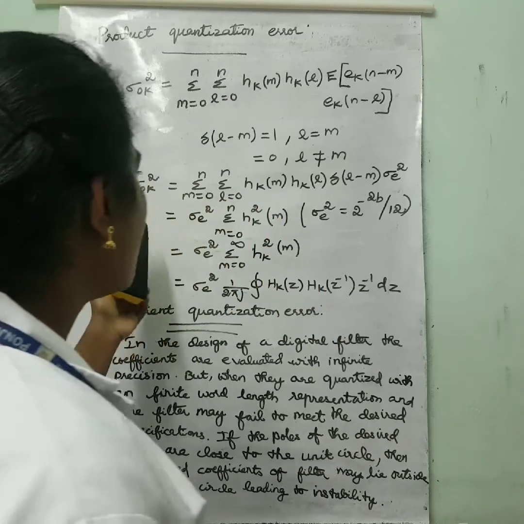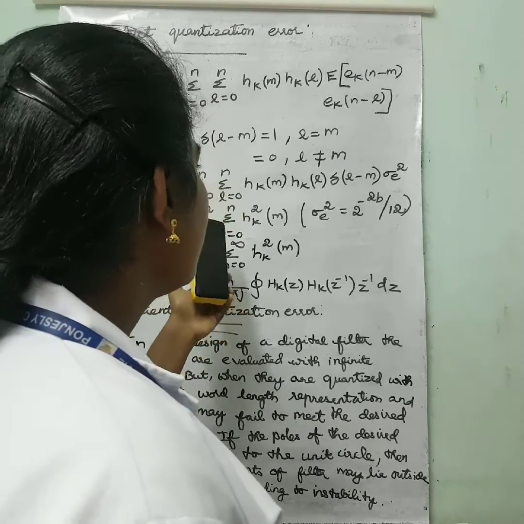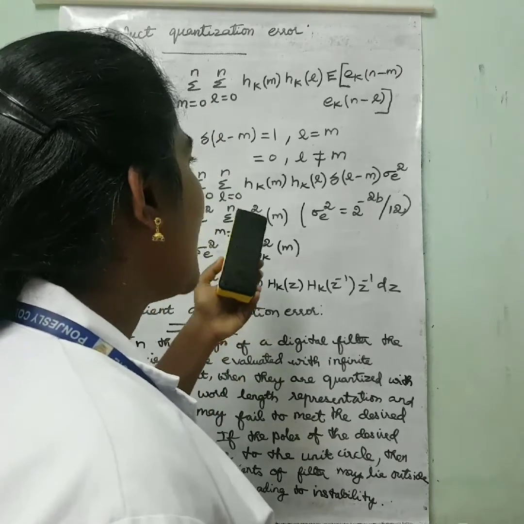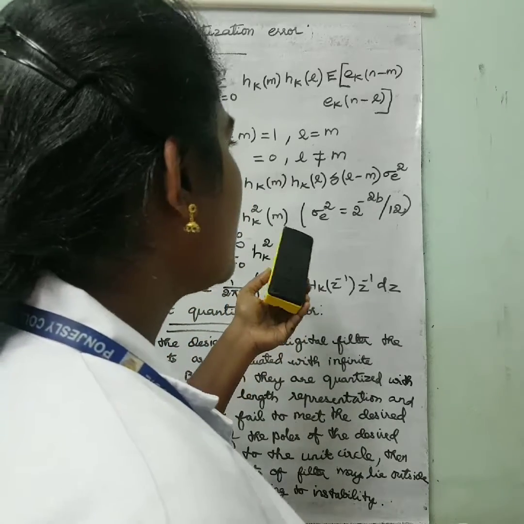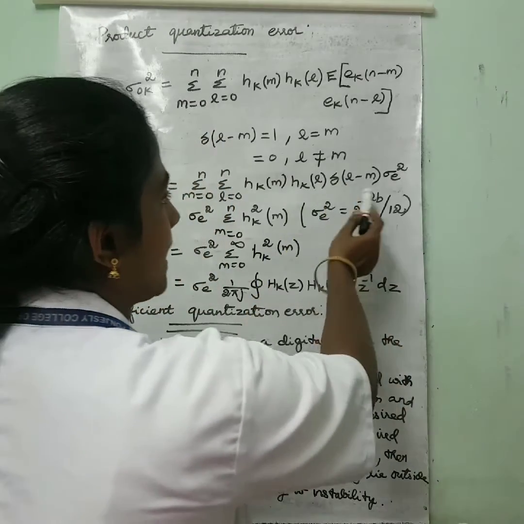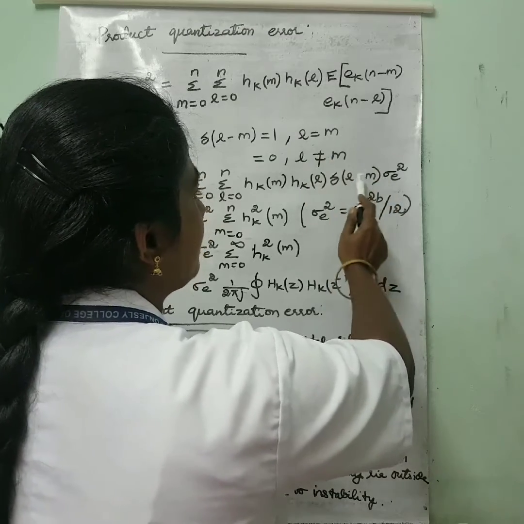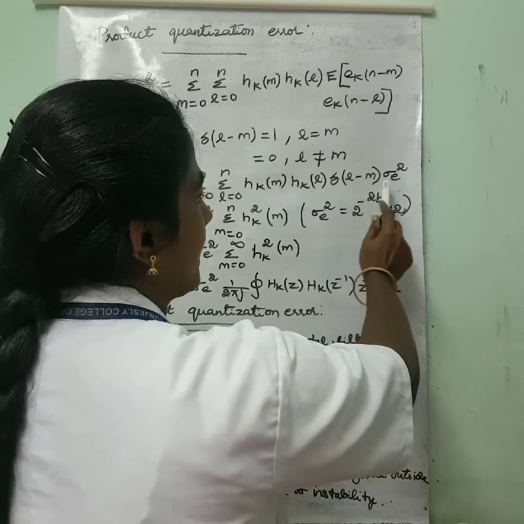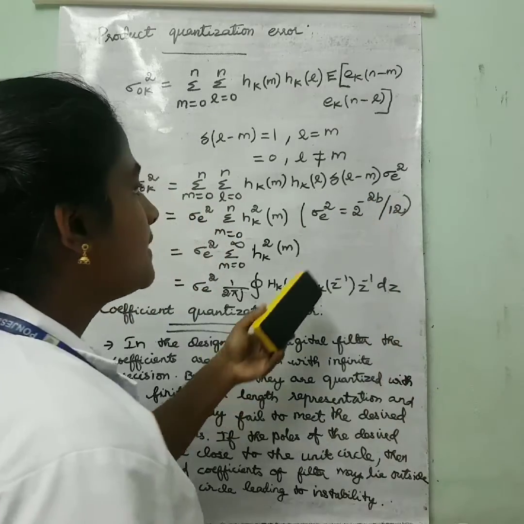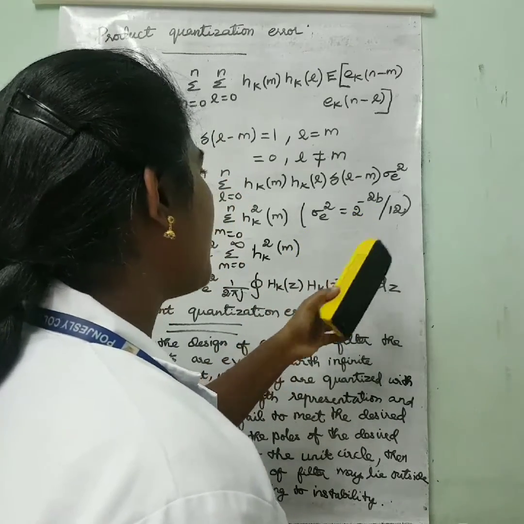So sigma 0k square is equal to summation M is equal to 0 to N, summation L is equal to 0 to N, hk of M into hk of L into del of L minus M, into sigma E square. We know that sigma E square value is 2 power minus 2b divided by 12.